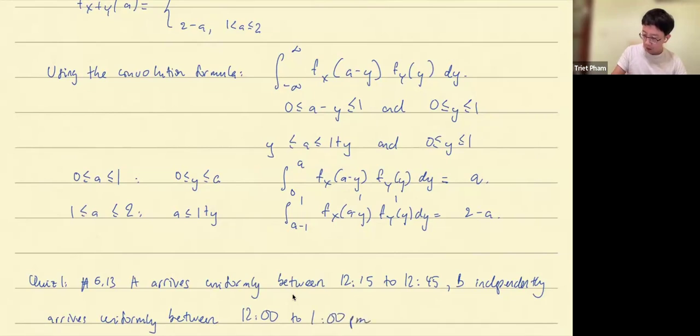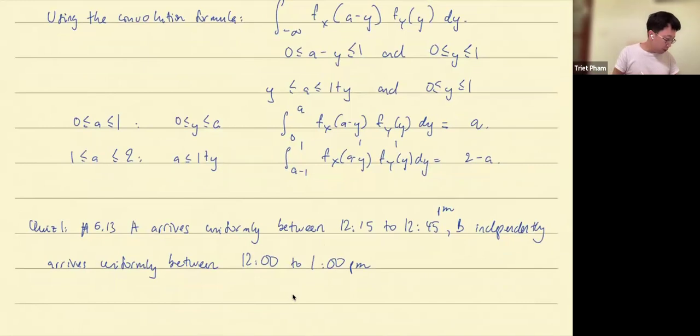So these are all uniform distributions. Find the probability that the first to arrive waits no longer than 5 minutes.